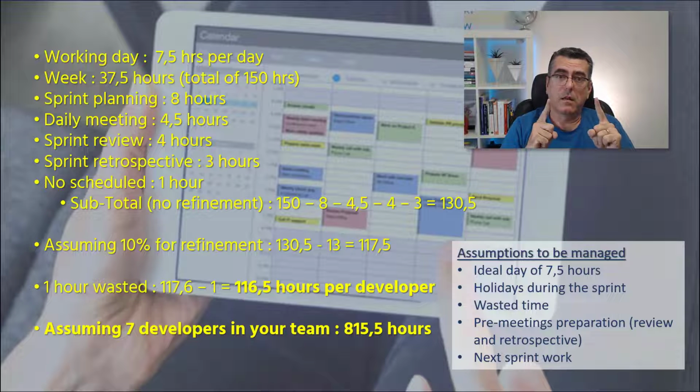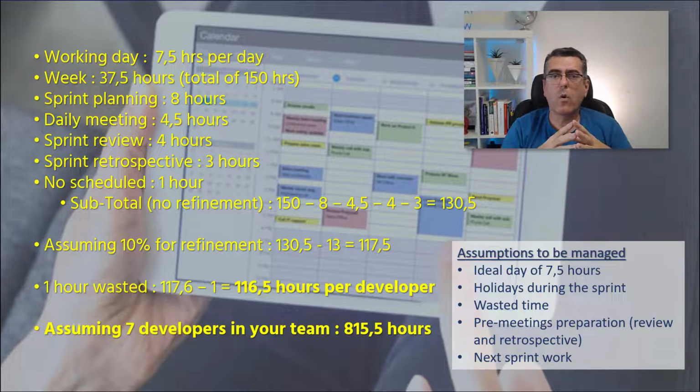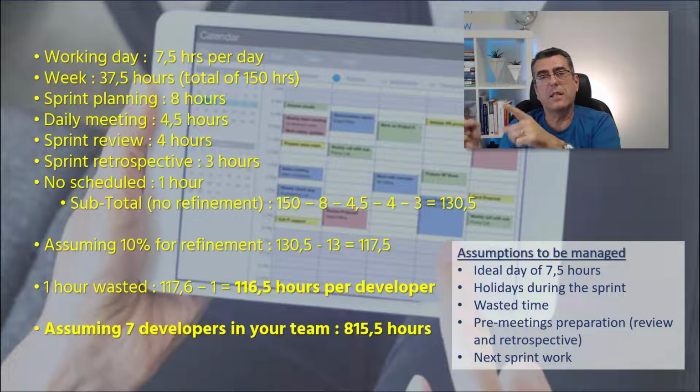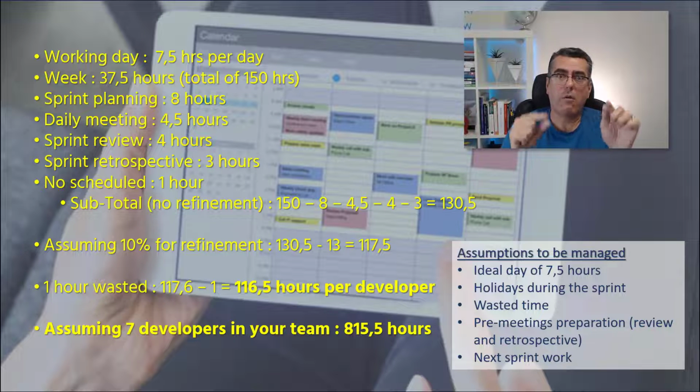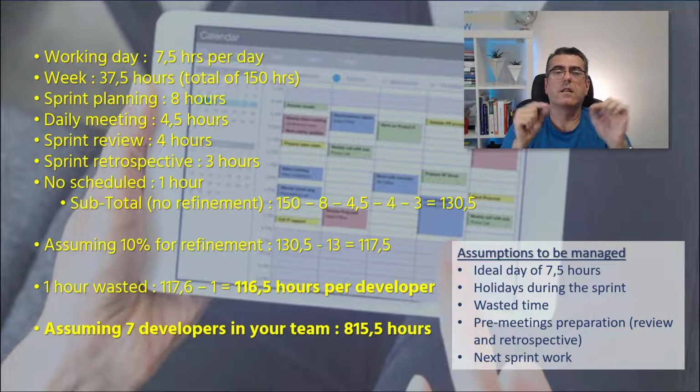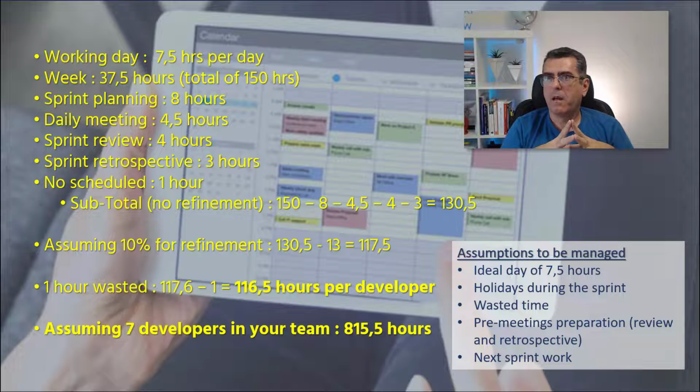But for the sprint review, usually you need to invite the stakeholders, the sponsor, I don't know who else, and these people need to be aware that they need to have a space in their agenda to participate in this meeting. So you need to set this meeting in the calendar.